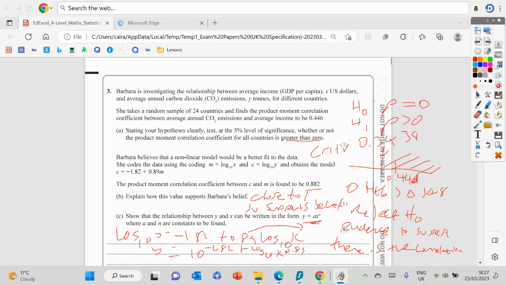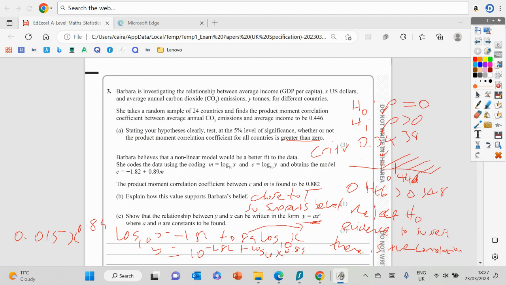So we've now got 10 to the minus 1.82, on the calculator is 0.015, and we're multiplying that by x to the 0.89. In other words, your a is 0.015 and your n is 0.89.